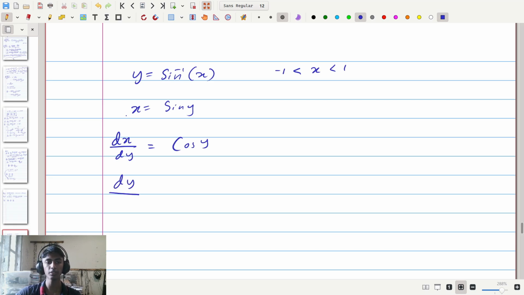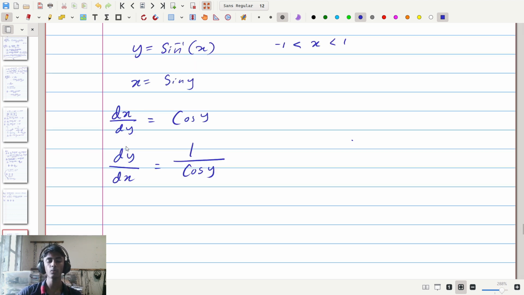Since we just found that dy by dx was equal to 1 divided by dx by dy, we have that dy by dx is equal to 1 divided by the cosine of y. Now then, we're only going to do one more step. We're going to write the cosine of y in terms of the value we know, which is the sine of y.